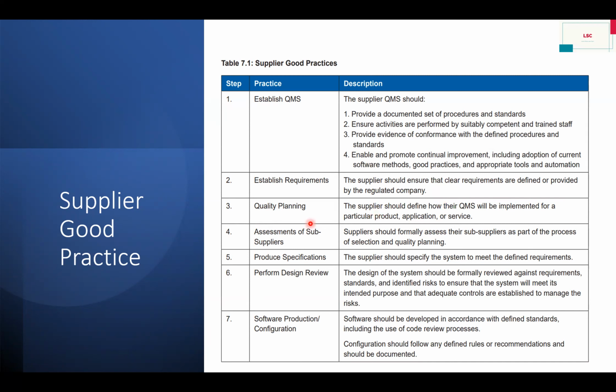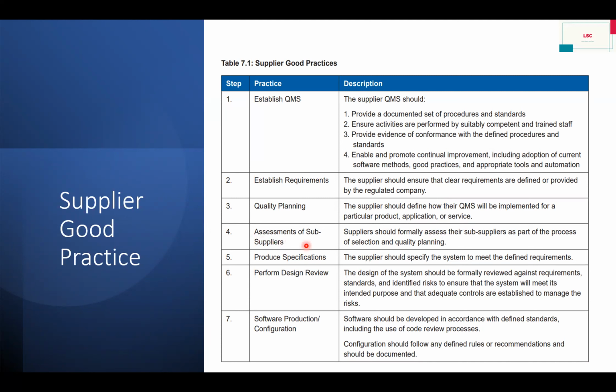Third one, quality planning. The supplier should define how their QMS will be implemented for a particular product, application or service. You have established requirements, you have your QMS. Now, what is your planning? How do you implement your QMS for the particular product, application or service that you decided?